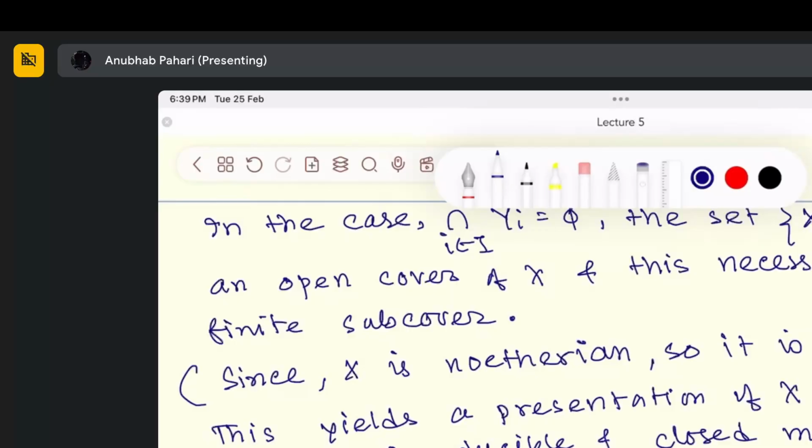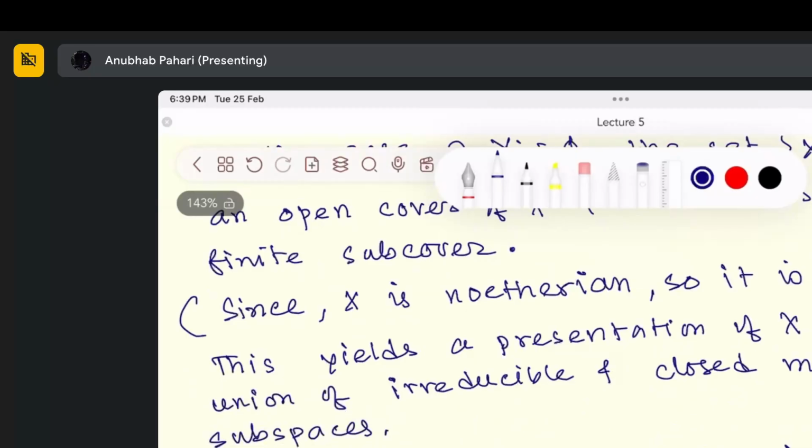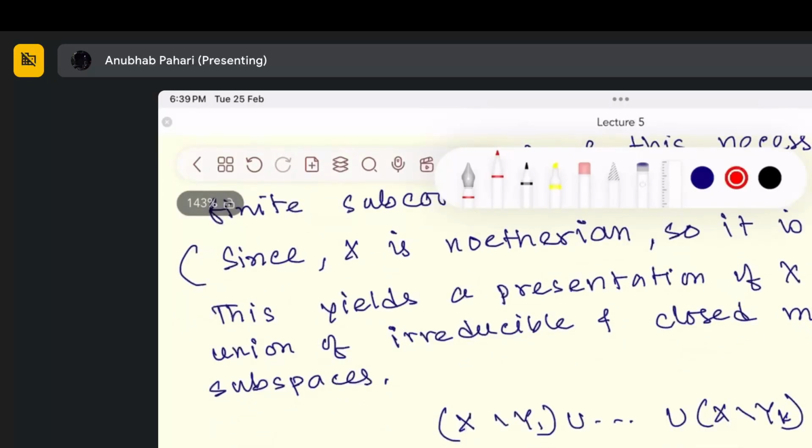Now we will come to our main result, that is the proof of the theorem. That is, if A is a Noetherian ring, then Spec A is a Noetherian topological space.